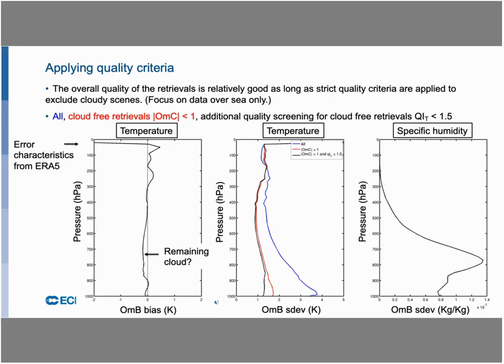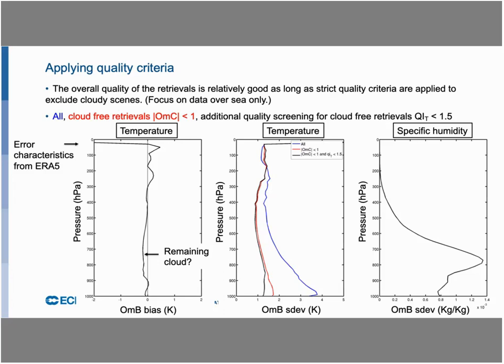And the random errors, especially at low levels, are quite high. And then when you apply the criteria for the cloudiness, so you only select the cloud-free cases, the random errors are indicated with the red line in the middle picture. So the standard deviation decreases significantly when this criteria is applied for the data.